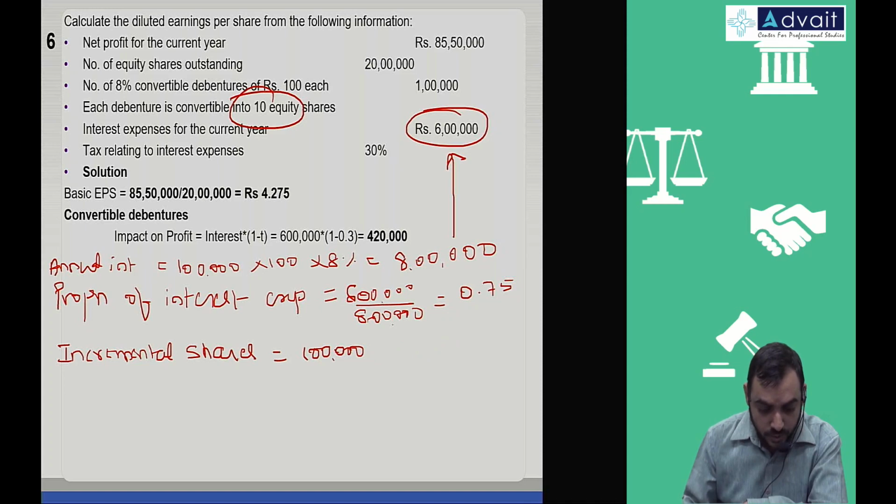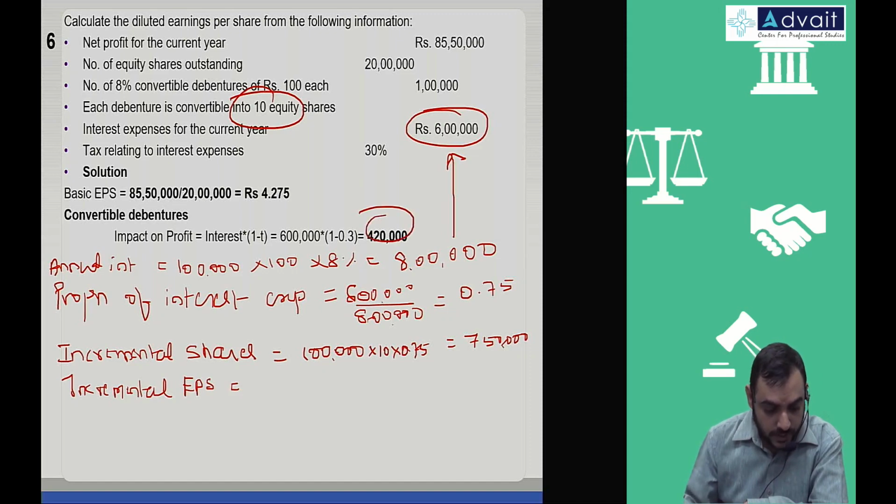So 1 lakh into 10 into 0.75 is 7 lakh 50,000. So what is incremental EPS? Profit after tax, how much did we get?